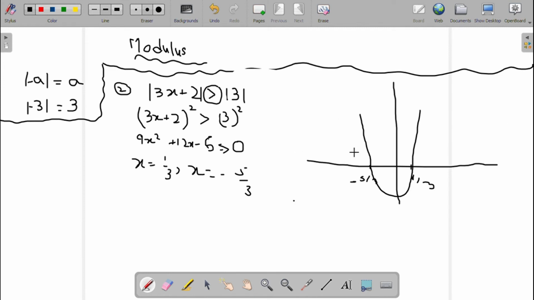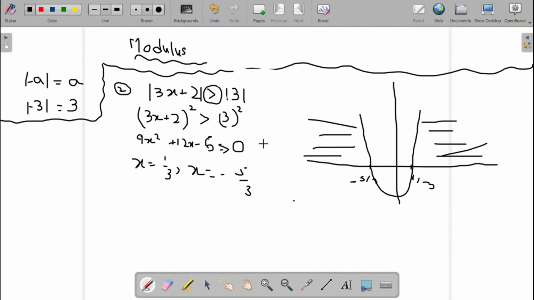So now we have a sketch here, negative 5 by 3 here and 1 upon 3 on the right side. Now you have to see whether the sign is greater than or less than. Here the sign is greater than. Greater than 0 means you have to shade above the x-axis. So one shading here, one shading here.